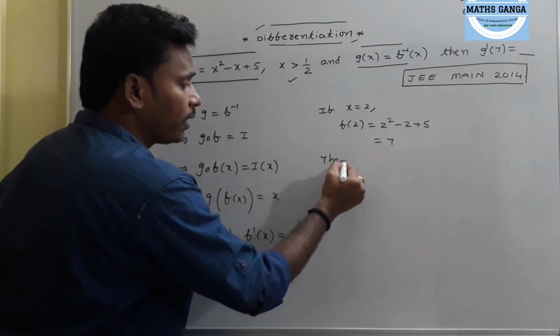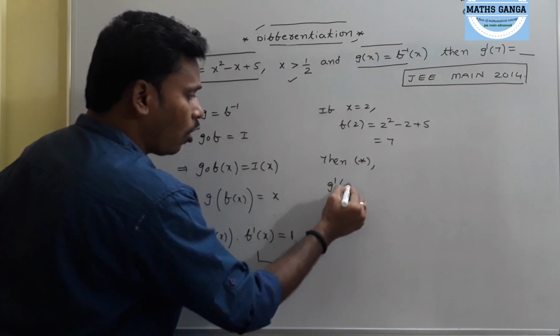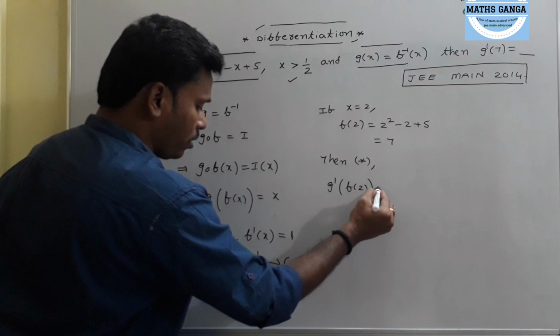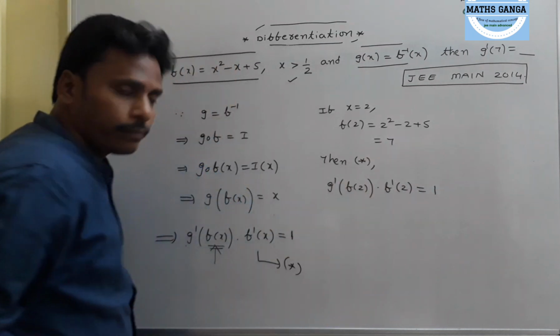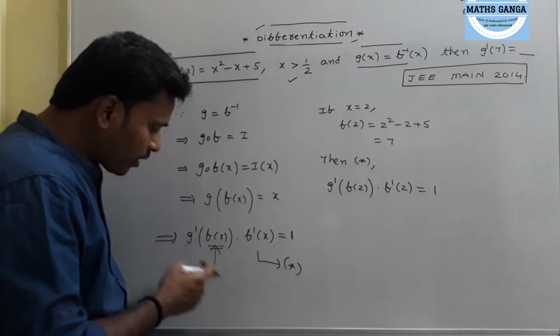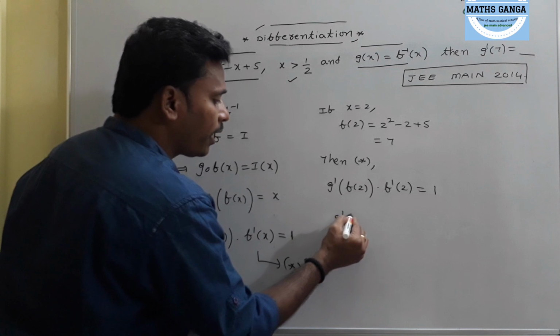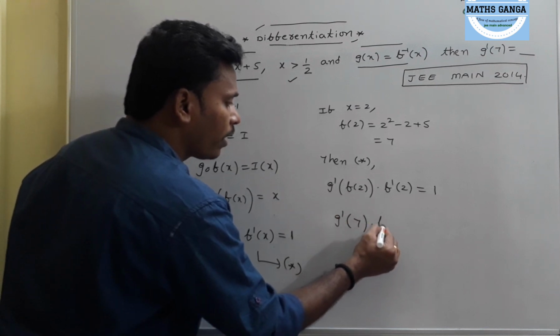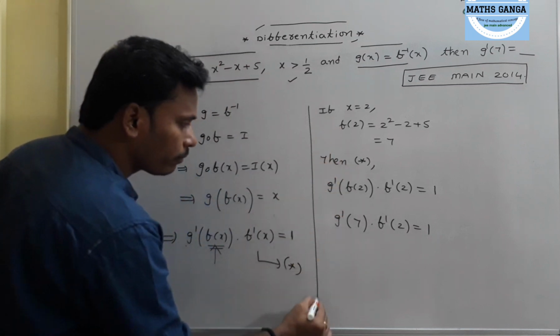Then this equation becomes g dash of f of 2 into f dash of 2 is equal to 1. Just replace x with 2. And since f of 2 is 7, it can be written as g dash of 7 into f dash of 2 is equal to 1.